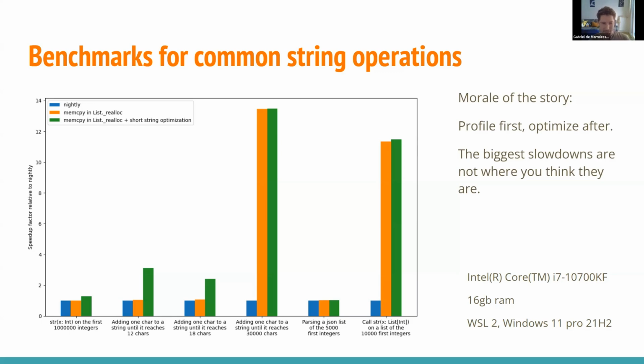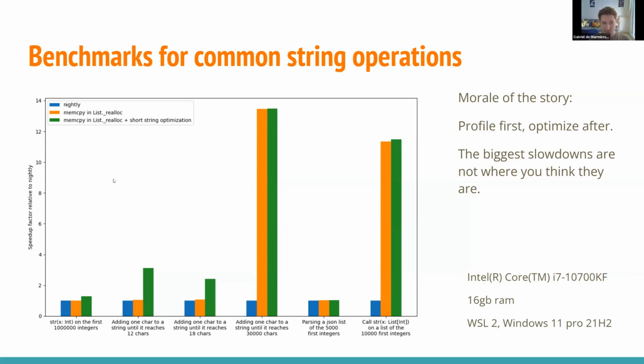I used perf and got the timings and the assembly code. Looking at the assembly code, I noticed that when reallocating, which means you grow over the size of the buffer and allocate a new one, you have to copy all the data. We were copying 1 byte by 1 byte, with a specific instruction in assembly. This is really slow. You should never do that.